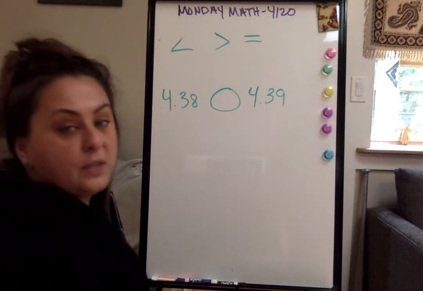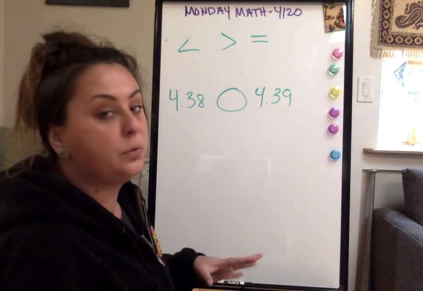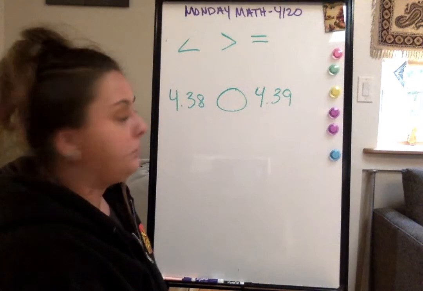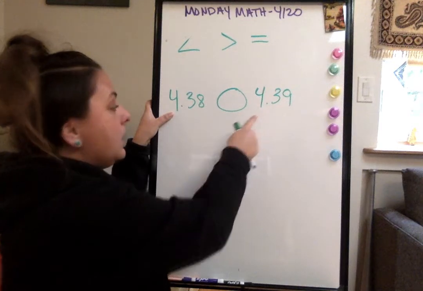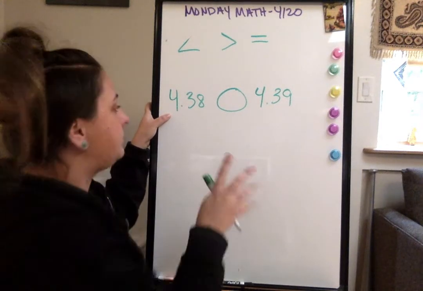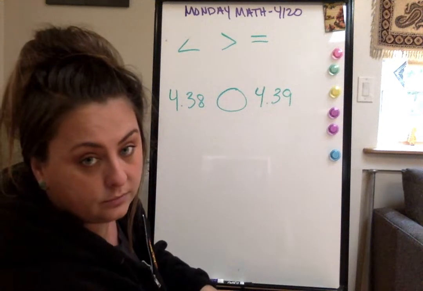And the way to really do this is to go by place value. So you start all the way on the left. 4, 4, that's equal. 3/10 and 3/10, that's equal.